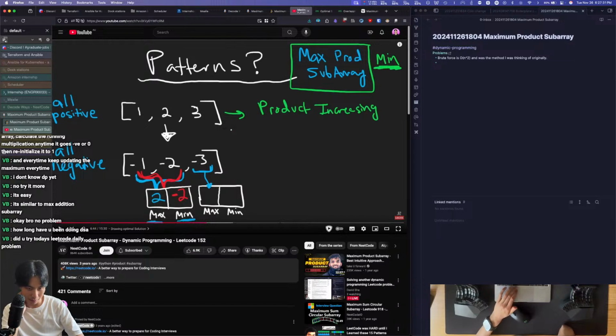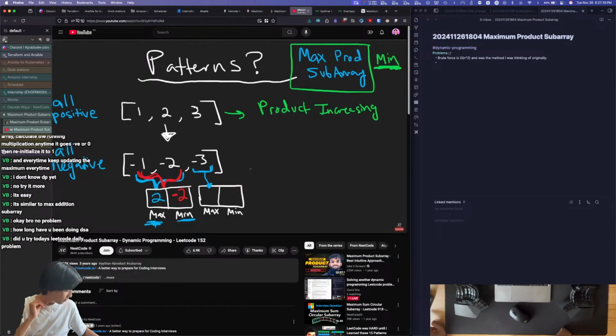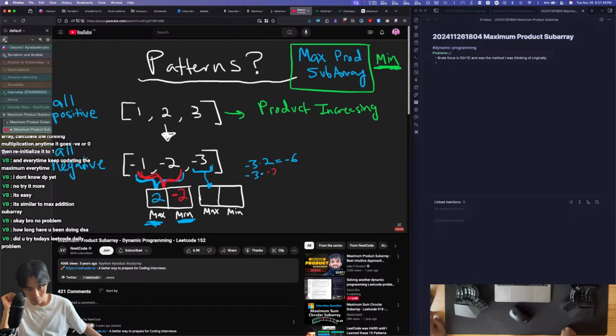So we know that when we take the maximum 2, we get negative 3 times 2, which is negative 6. And we know when we take the minimum, we get negative 3 times negative 2, and that gives us a result of positive 6. So we know the maximum is positive 6. It's like the magnitude is the important part. So we take positive 6 and put it over here, and we can take negative 6 and put it over here.